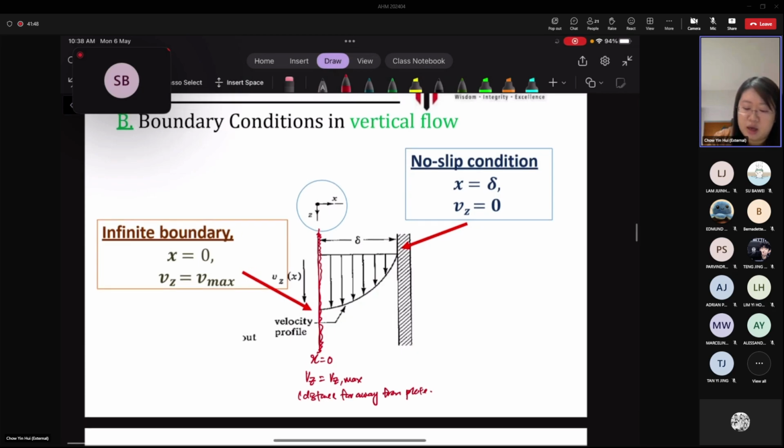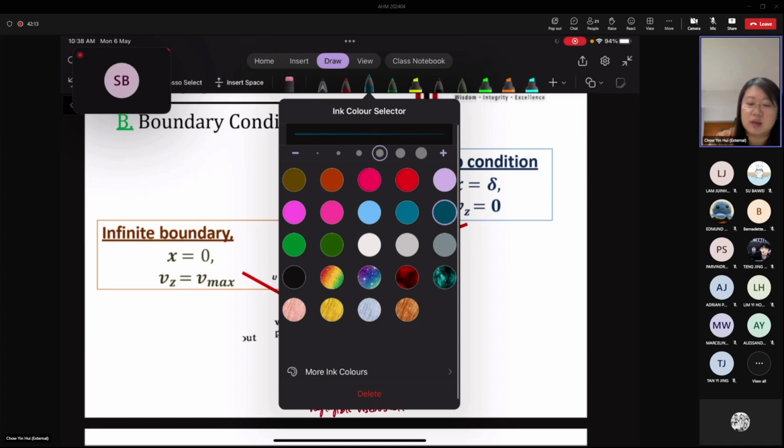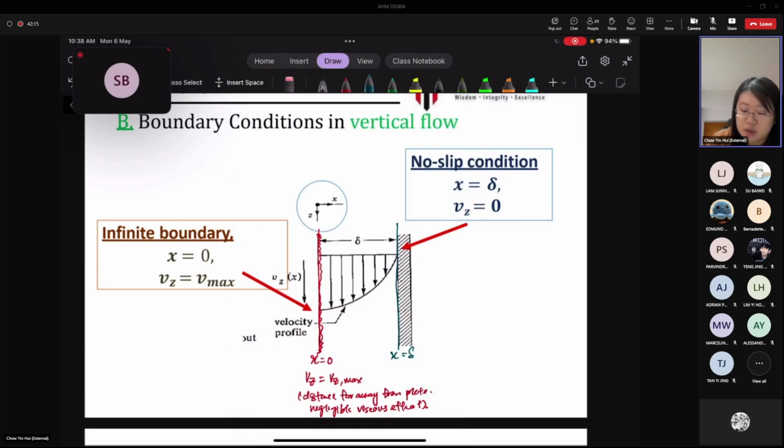where you have negligible viscous effect or shear stress. It's the same thing. Whereas if you look at this boundary here, where x equals delta, equivalent to the thickness of the fluid film, in this region, as stated by the no slip condition, at the wall your velocity in the z direction will equal 0.